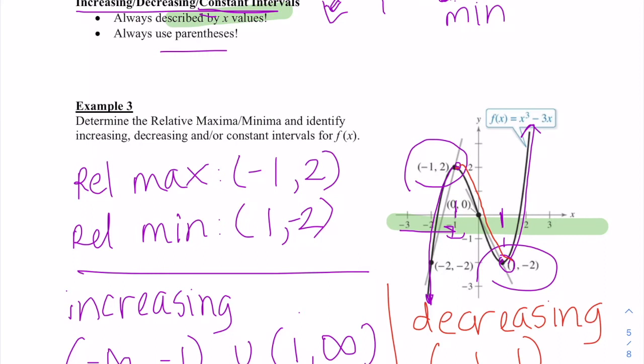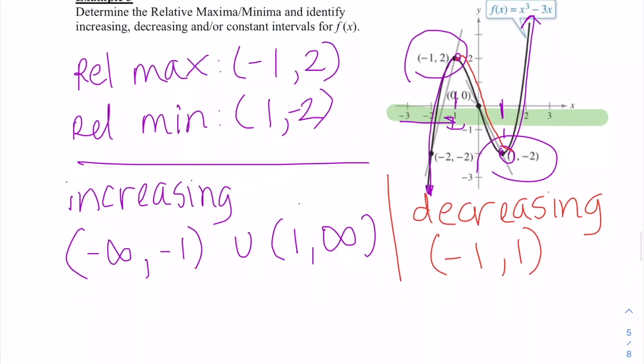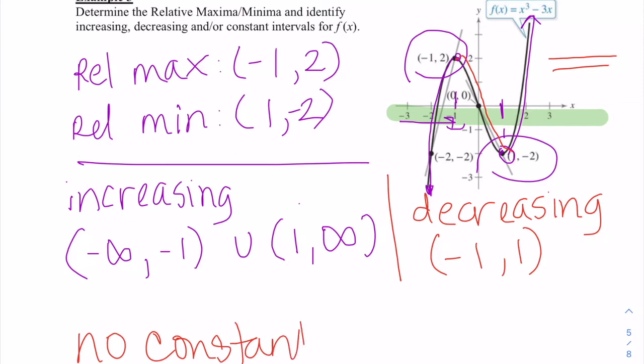Now there's no point in here that has horizontal lines, so there's no constant intervals. Now you might argue that at the top of the roller coaster and the bottom, it's constant. And it's constant, but there's no slope to be found there, right? We would need 2 points. So it doesn't continue on for very long. So those are called the extrema, they're inflection points.